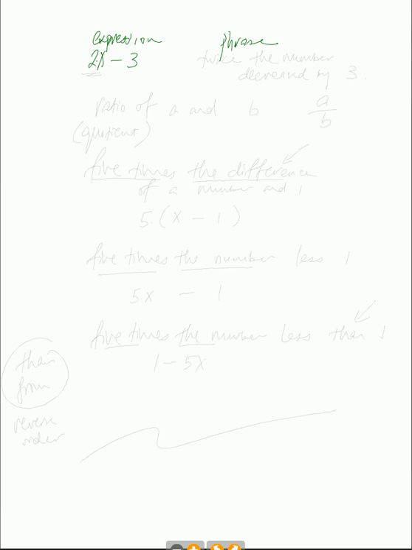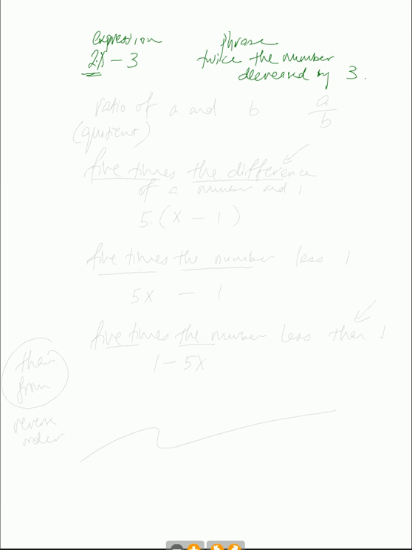So observe that I'm multiplying the number by 2. So instead of saying twice the difference, I'll have to say twice the number. Right? So twice the number, so that means I'm multiplying the number by 2. And there's a subtraction, so I'm going to have to say decreased by 3. Okay, so that's one way to say it.